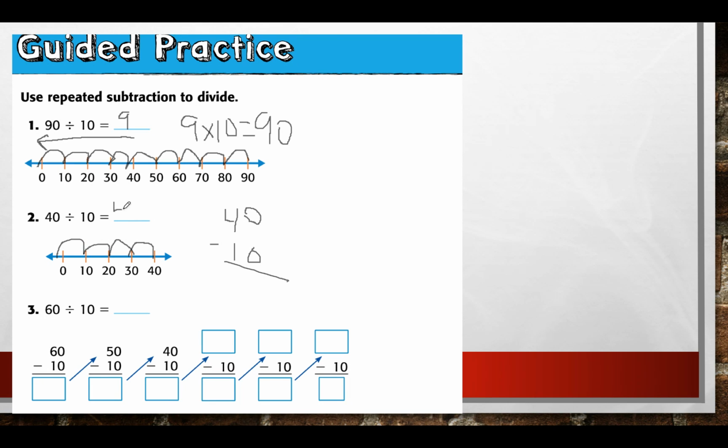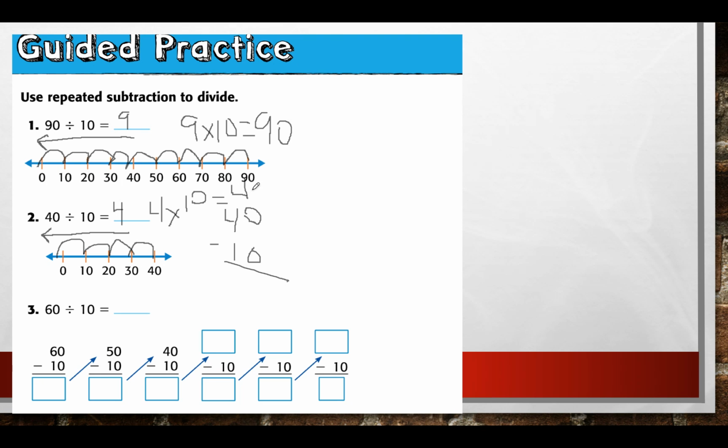So the answer is 4. So 40 divided by 10 equals 4. We check that with multiplication. We start on the end and we work our way to the beginning. So to check it, we will say 4 times 10 equals 40.